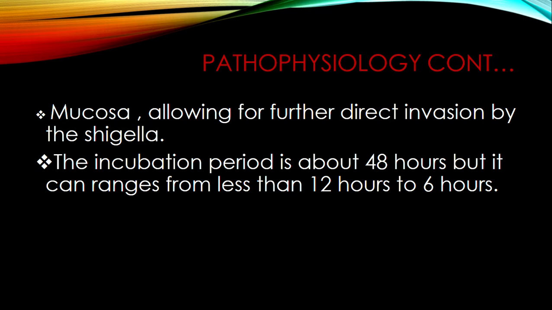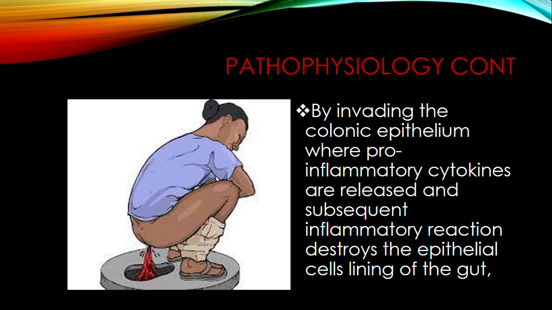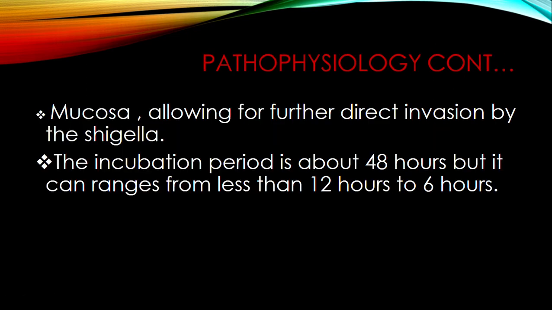So the Shigella are now invading the tissue and causing destruction in the intestines, and that is what will result in blood being found in the stool and mucus. So that's about the pathophysiology of dysentery.